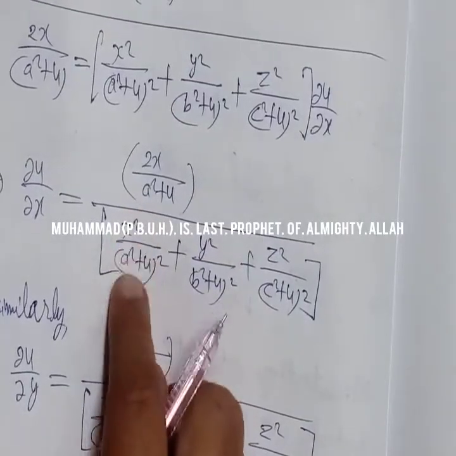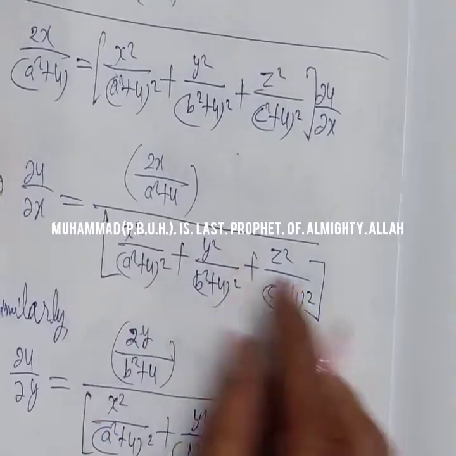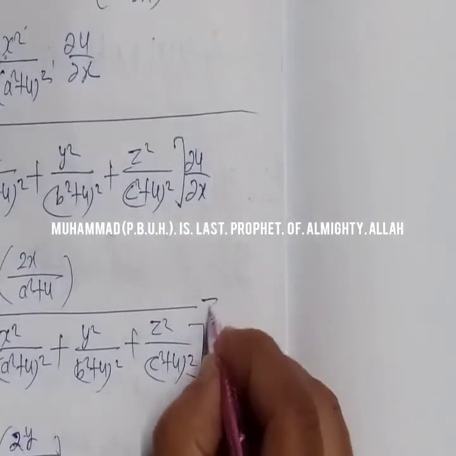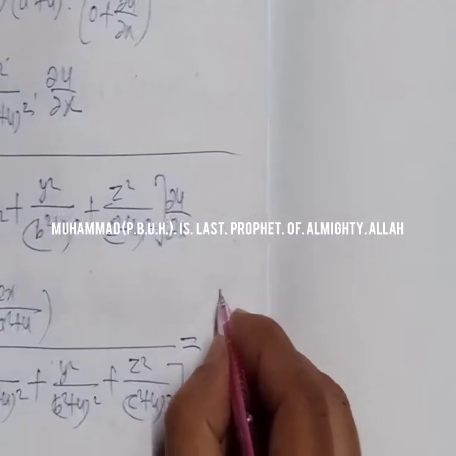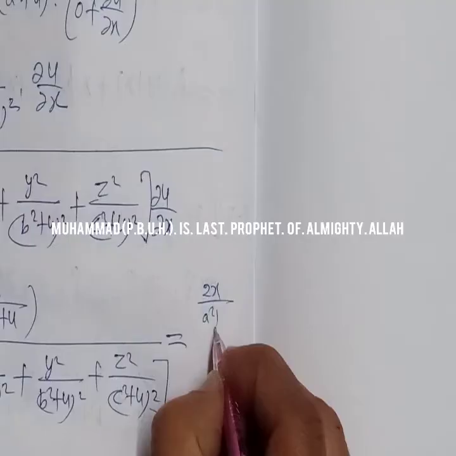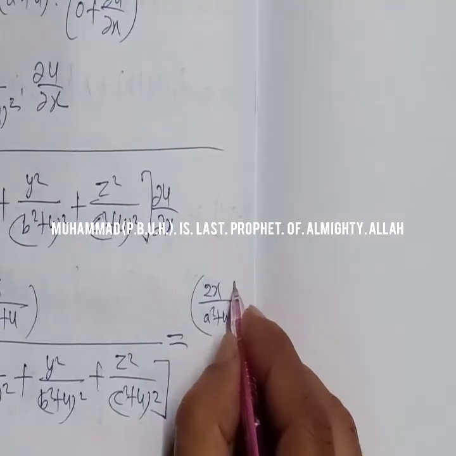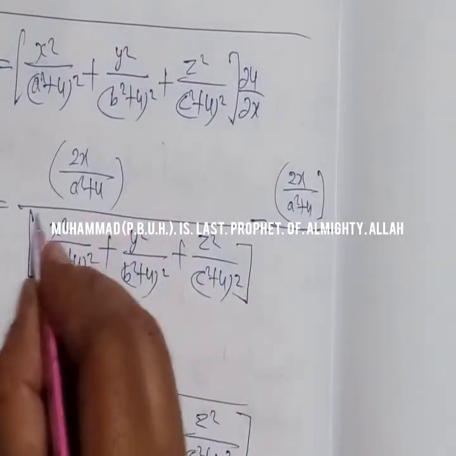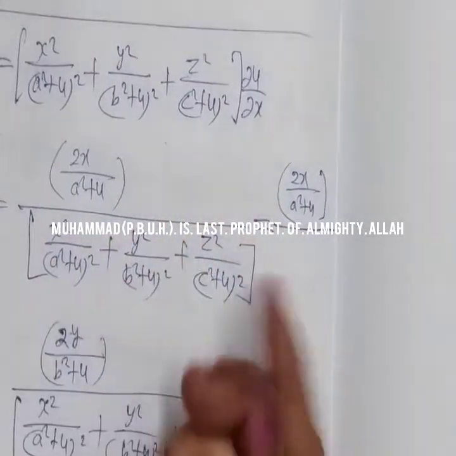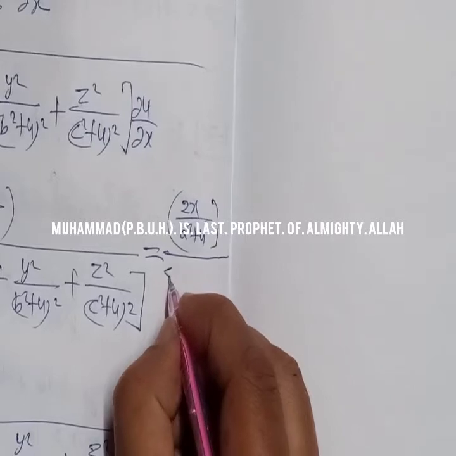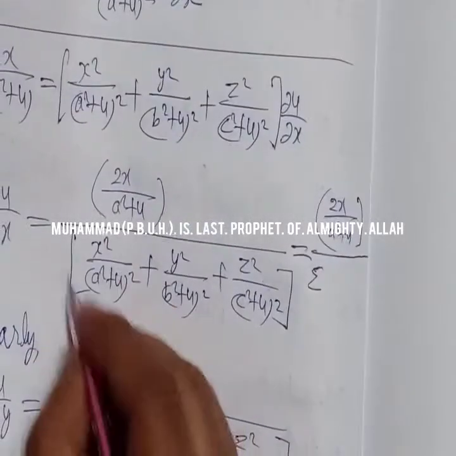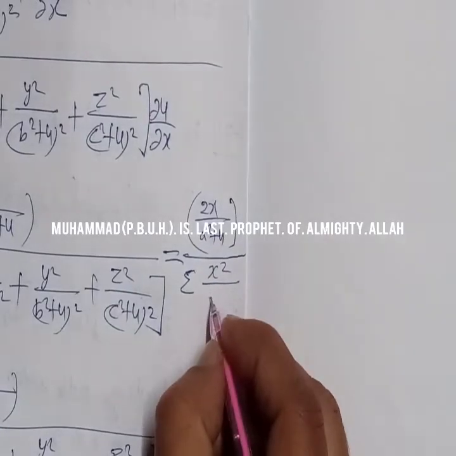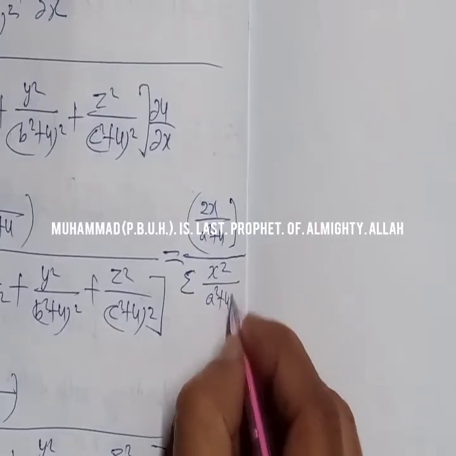So I write sigma before this term, and we can write it briefly. So the numerator is 2x upon a square plus u. I don't change anything in writing this value. You can write it whole, or write it as I do, applying sigma before this term. If there is any problem with this, you can ask me.